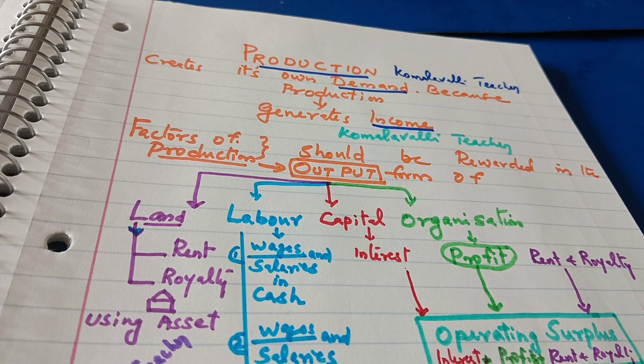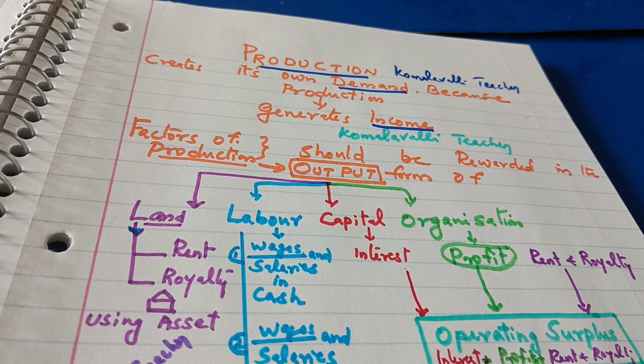Land should get the rent, the laborer should get the wages, and the capital, whoever is providing capital, should get the interest, and the organizer or the entrepreneur should get the normal profit. So these are the rewards. Production creates income, and when people are getting income, they will spend.